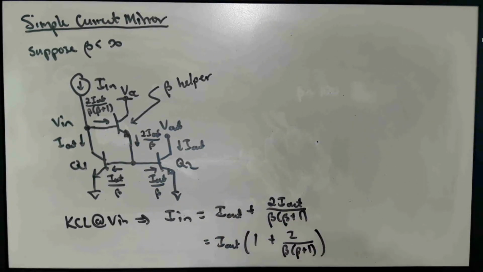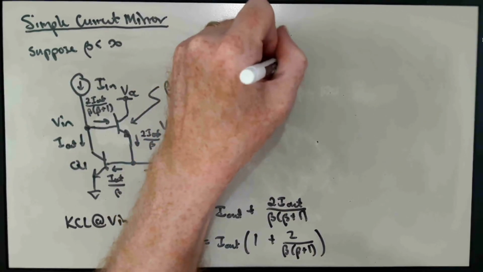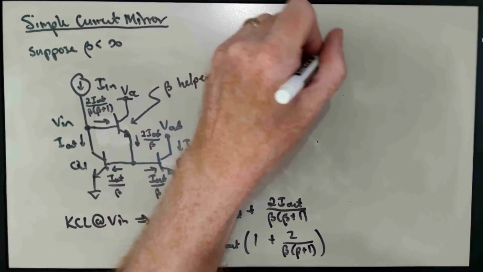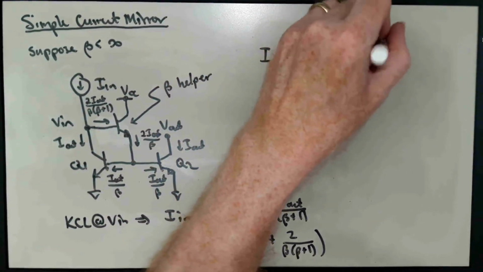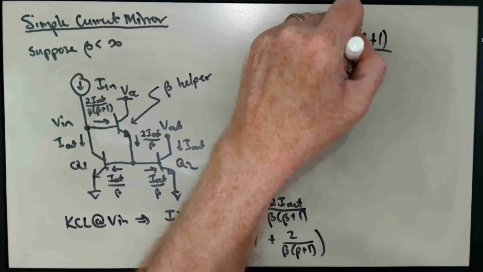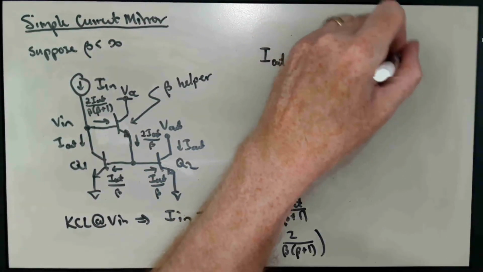And putting that over a common denominator, we get I out equals I in times beta plus 1 over beta times beta plus 1 plus 2.